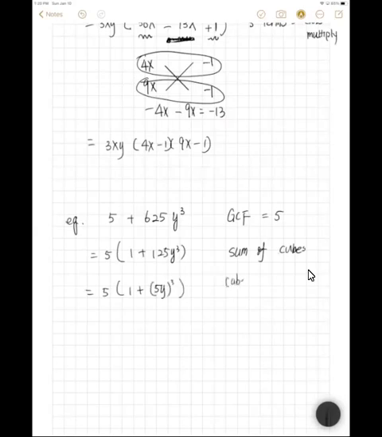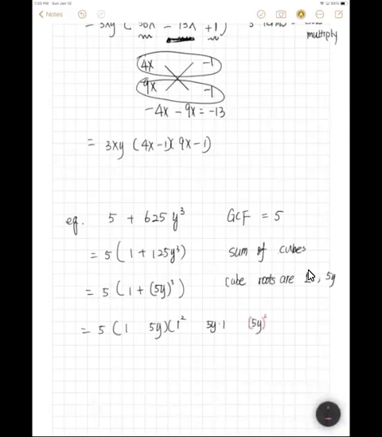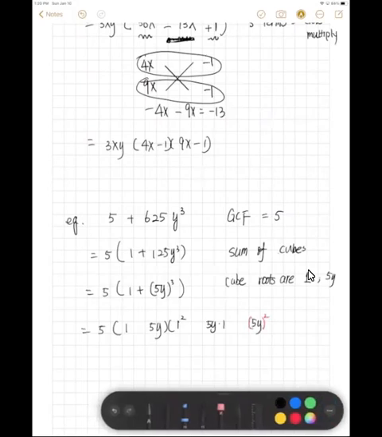So our cube roots are 1 and 5y. Now, what we use is what? And 5y squared. Don't forget the parentheses because I want to square the whole thing.